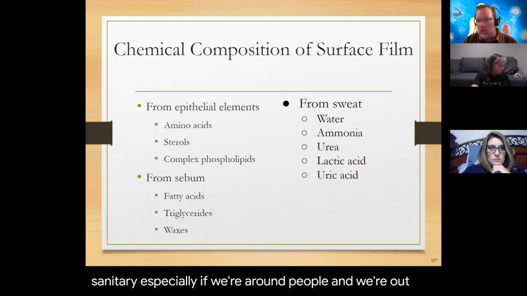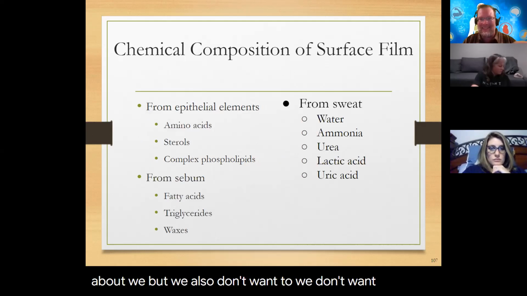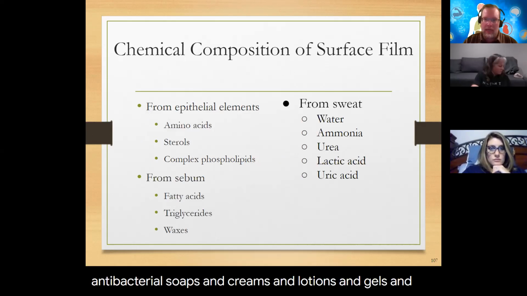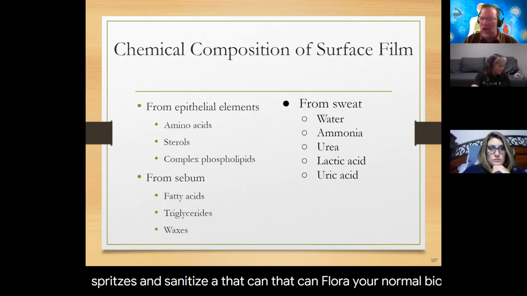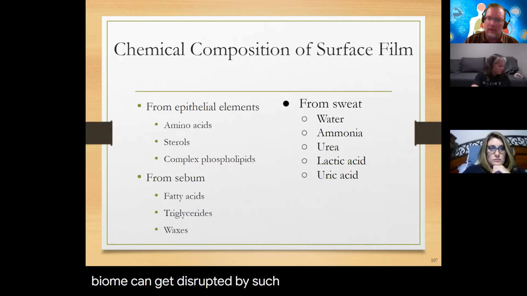But we don't want to go overboard. You don't want to excessively OCD it with antibacterial soaps and creams and lotions and gels and spritzes and sanitizers. That can actually disrupt your body's normal flora. Your normal biome can get disrupted by some of the alcohols that are in that stuff. So anyway, just be aware.